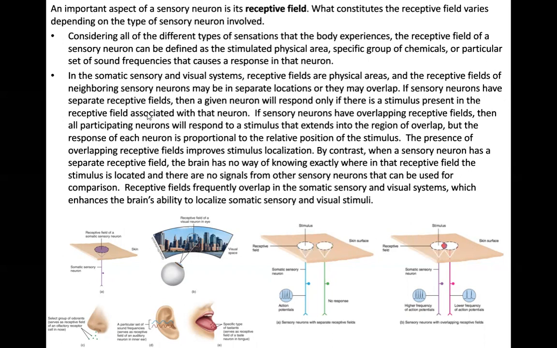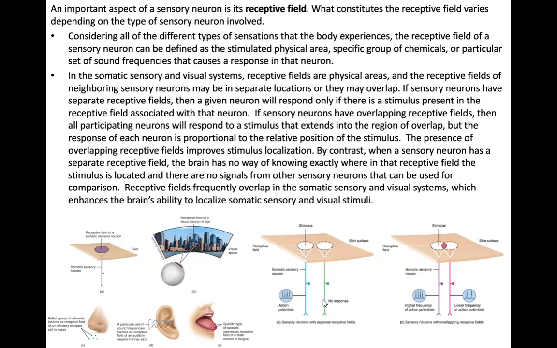If sensory neurons have separate receptive fields, then a given neuron will respond only if there's a stimulus present in the receptive field associated with that neuron. And so like what we're showing right here, I'll just name them blue and green. Okay. Here are their receptive fields, shown with the circular white areas of the skin.